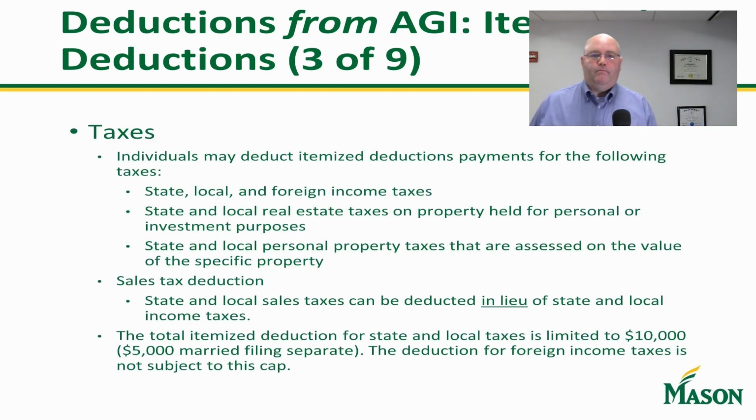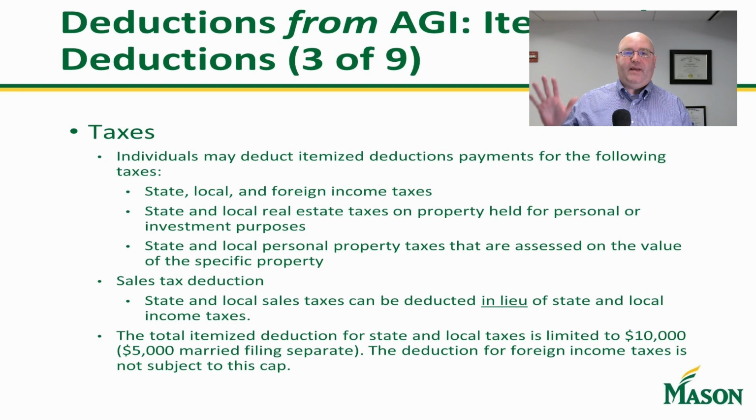Taxes. There's two different types of taxes that we're going to talk about here. You have what we call SALT, which is S-A-L-T, state and local taxes, not the sodium stuff that you throw on your food to make it taste good. And then there's also foreign taxes. Now, 9 times out of 10 in the real world, we do not deduct foreign taxes.